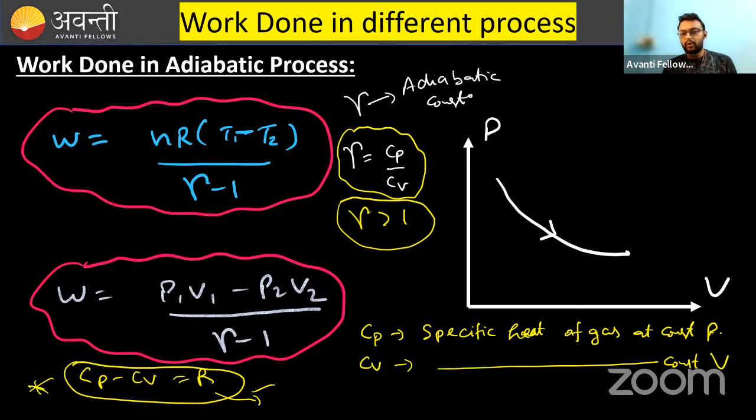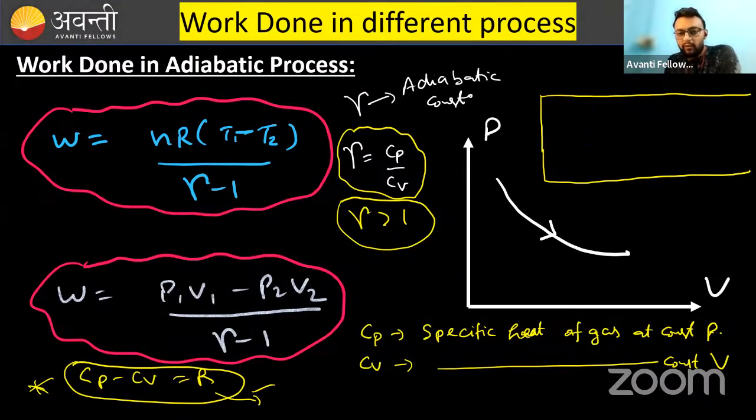Another thing that is most important here, I will write it here. It follows a relation, that is P into V raised to the power gamma is equal to constant. This is the most important relation for the adiabatic process. For the isothermal process, the relation was PV equals constant.